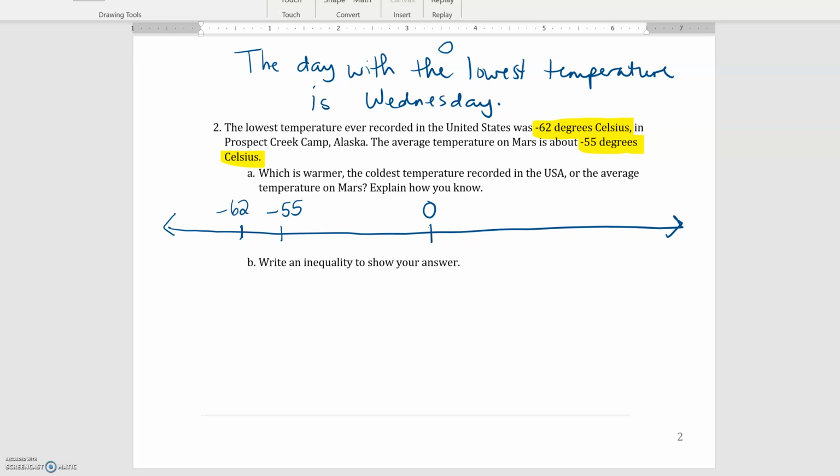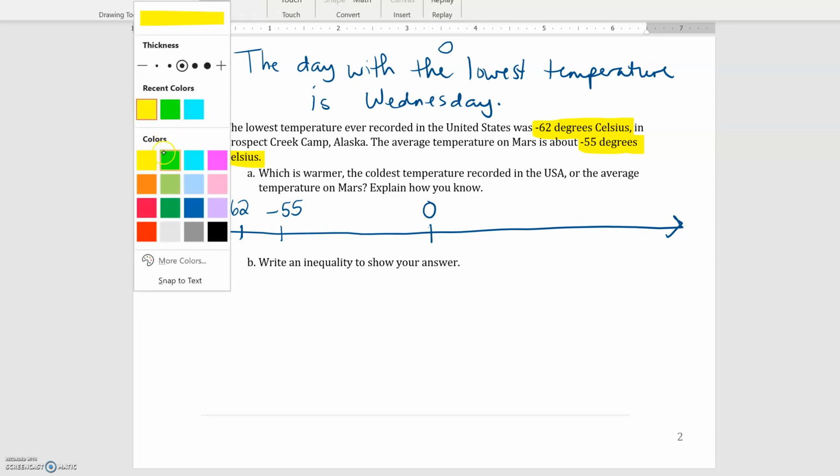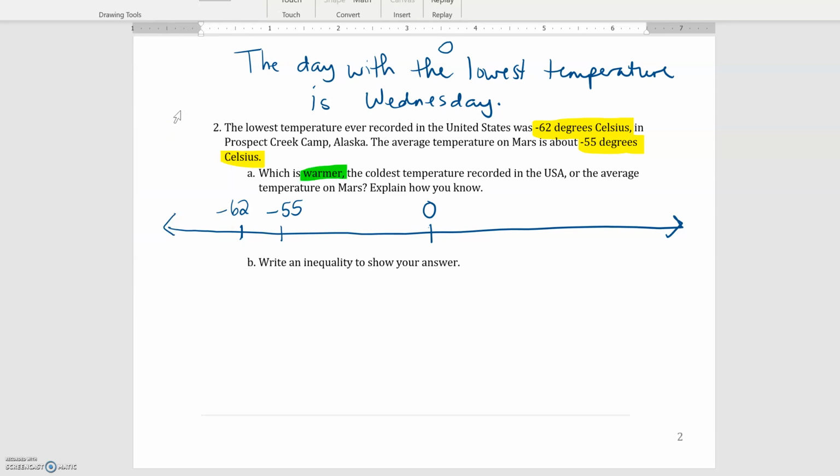So I have to ask myself, which one is warmer? And if I want to see what's warmer, I need to think about what's more to the right, what's greater. And I see that negative 55 is to the right, so therefore it must be the warmer temperature.